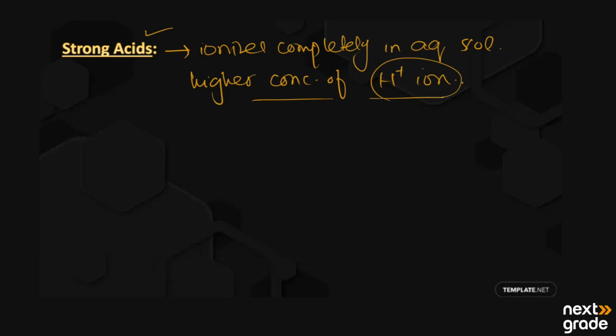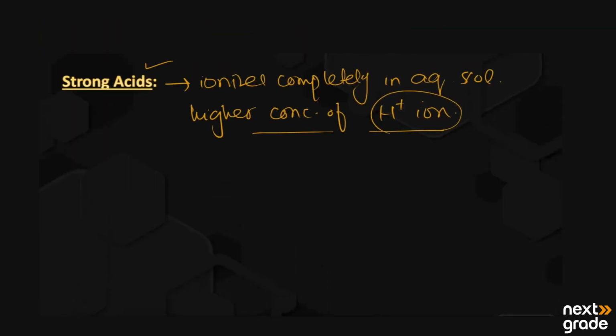If an acid produces more hydrogen ions, it is strong. Let's have examples of strong acids. The first example is HCl. When it ionizes in water, it produces hydrogen ion plus chloride ion, both aqueous.